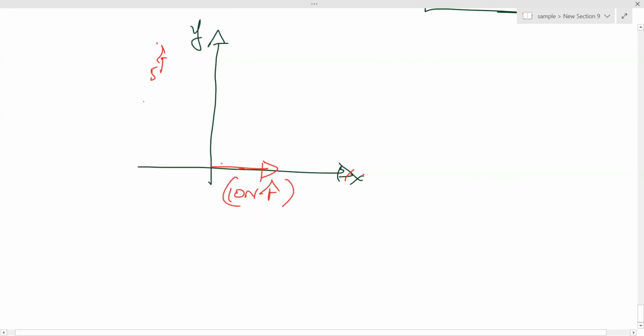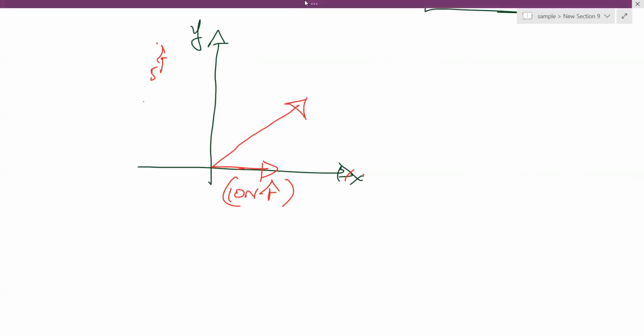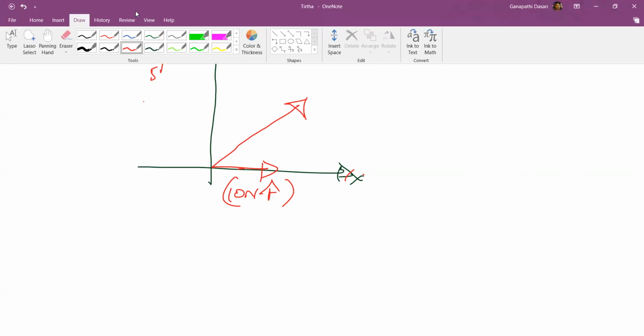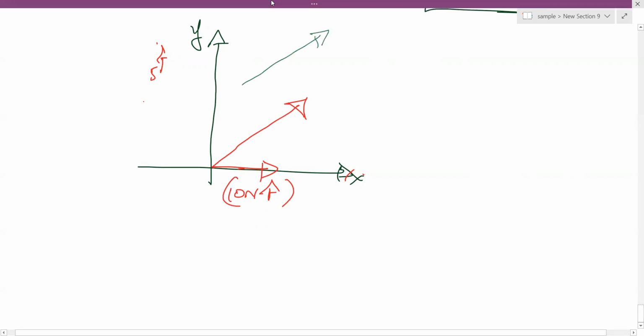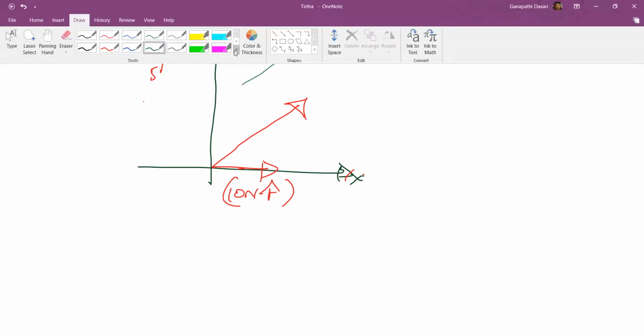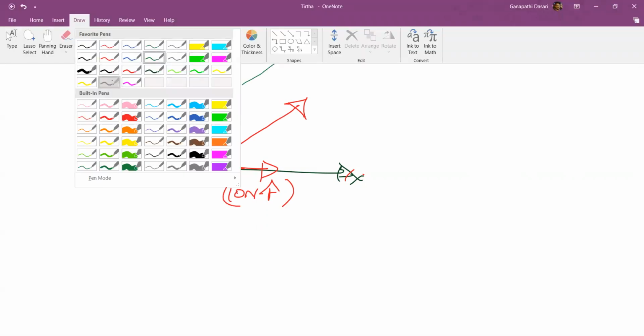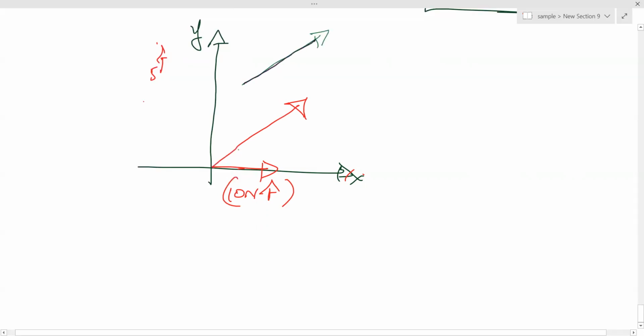But these are very easy. But in case some vector is like this, or some vector is like this. Got it? Now I shifted it parallelly. Okay, don't worry.